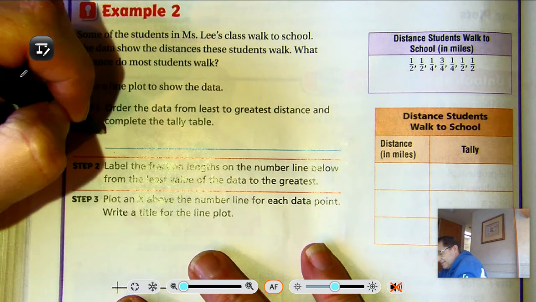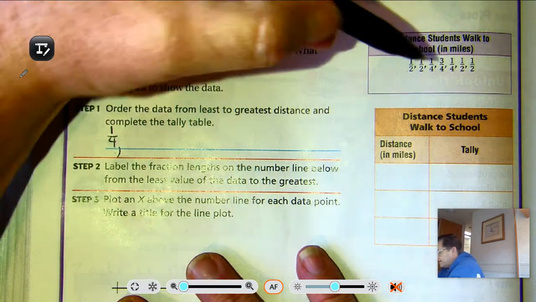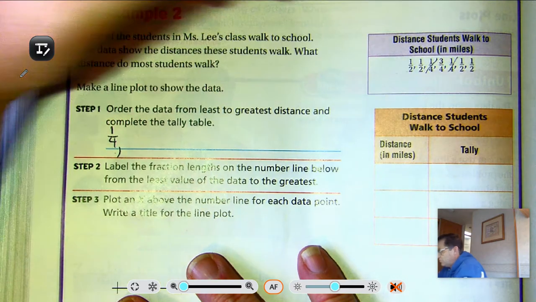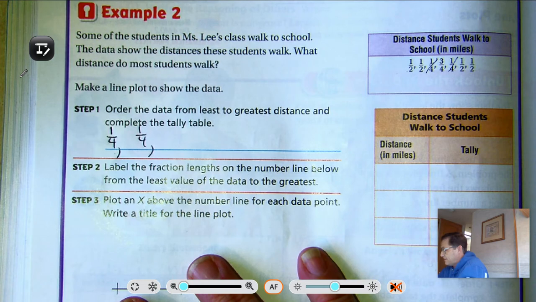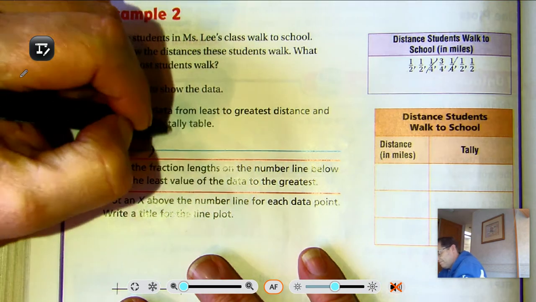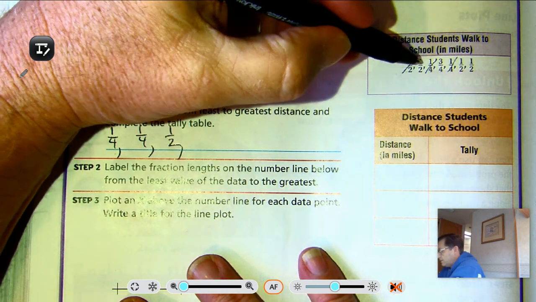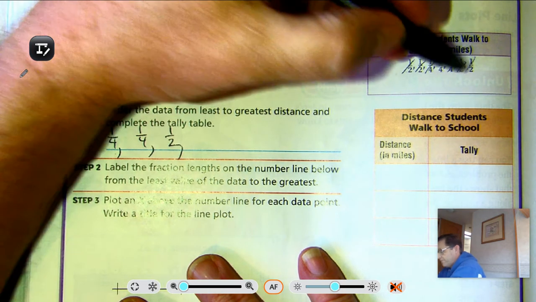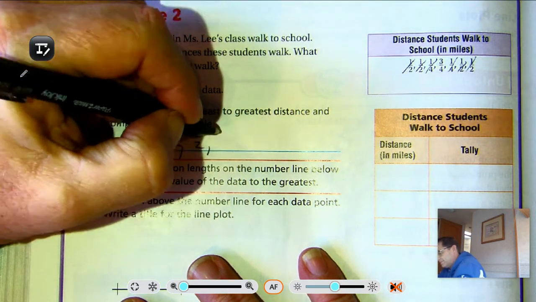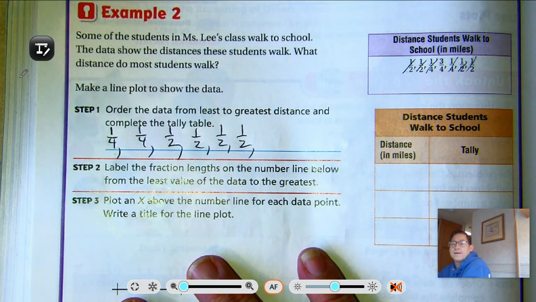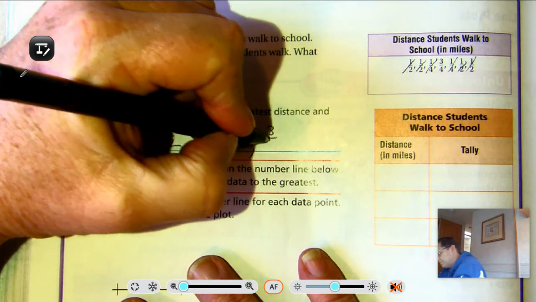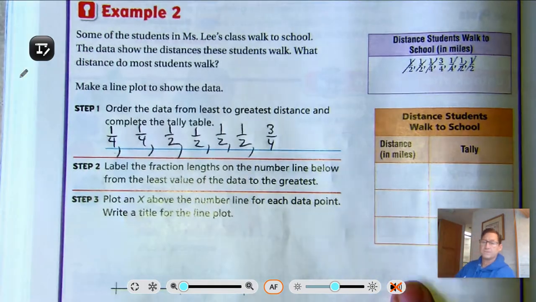The smallest value I see there is 1/4, and I see 1, 2. I see 2 1/4. The next biggest is 1/2, and I see 1, 2, 3, 4 1/2. And the largest is 3/4.